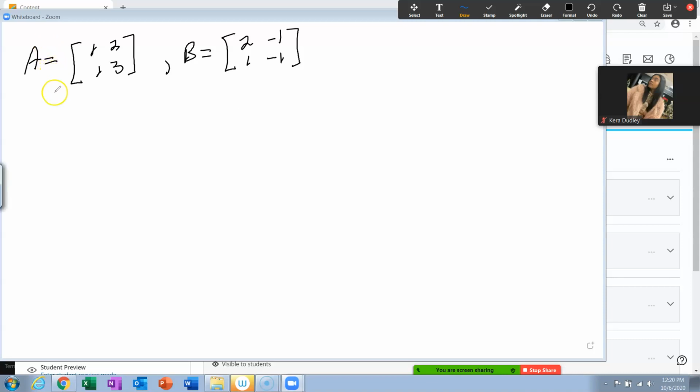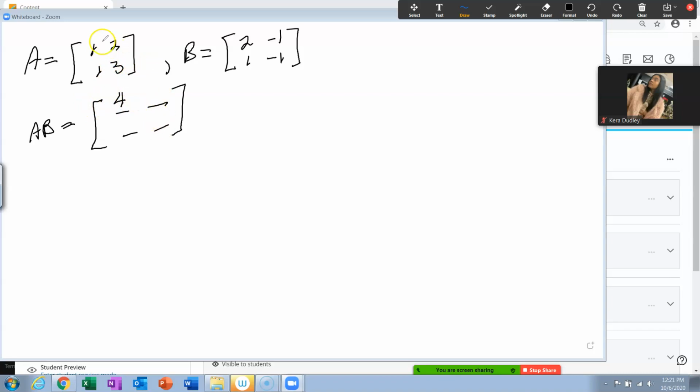Now, what it asks us to do is find AB inverse. So the first thing we've got to do is find out what AB is. Well, AB is going to be a 2 by 2 matrix, right? And when we multiply it together, first row, first column, that's first row here times first column here, that would be 2 plus 2 is 4.